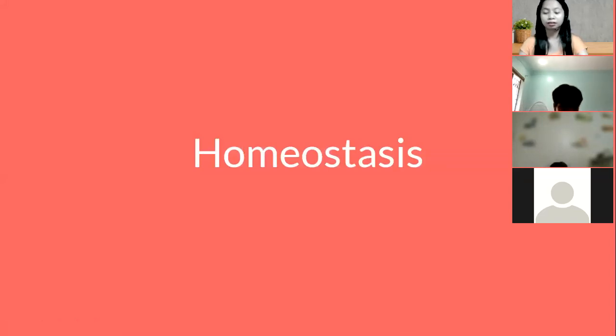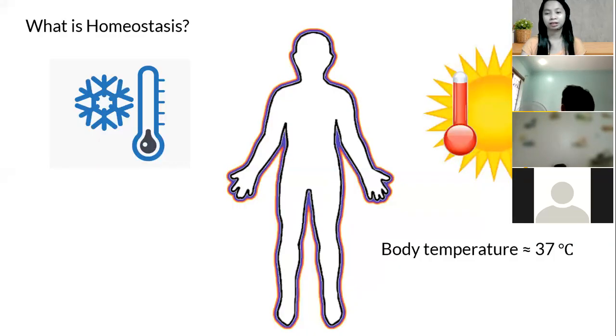Now, how does the circulatory system do the human body's ability called homeostasis? For example, we have here our body. Our body is the internal environment, while the temperature outside our body, our external environment, can be either cold or hot.